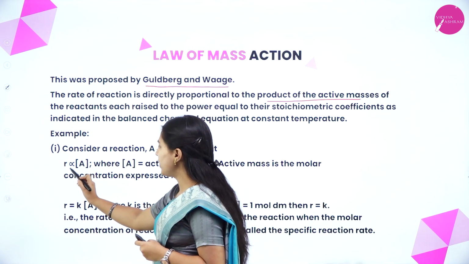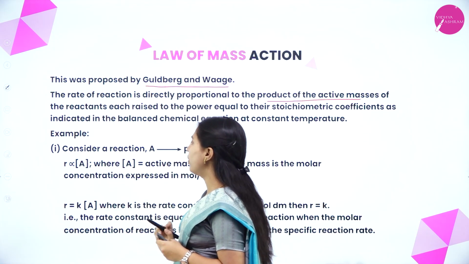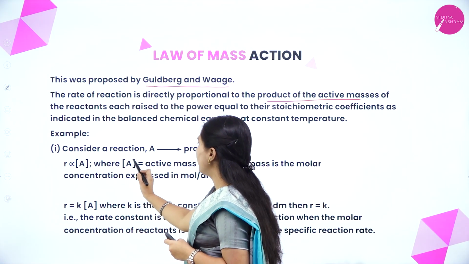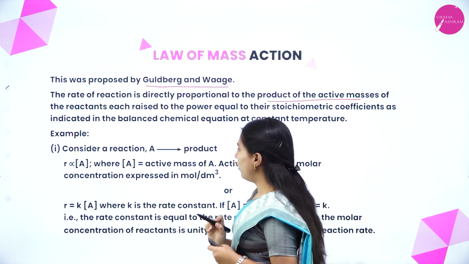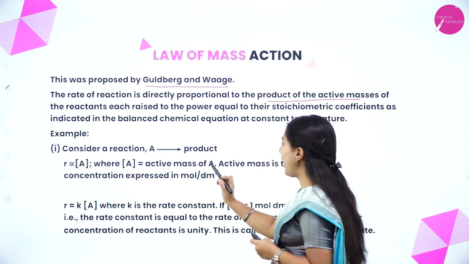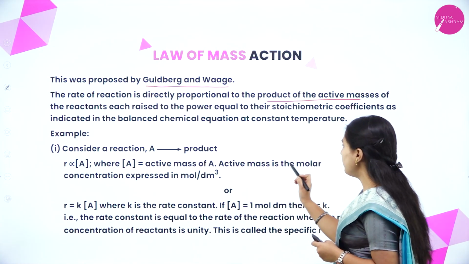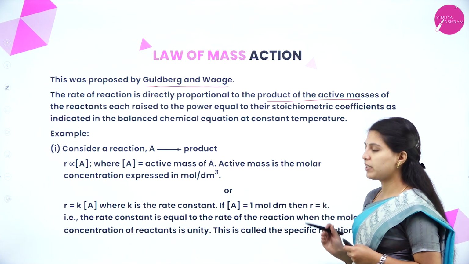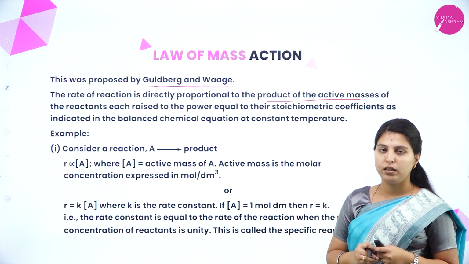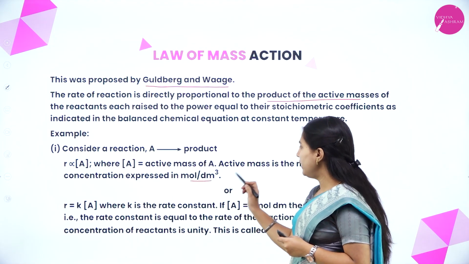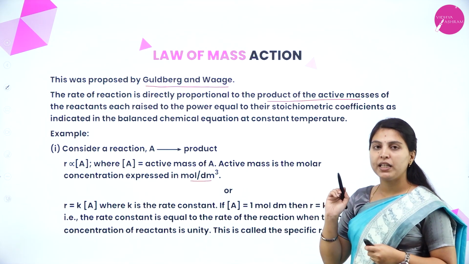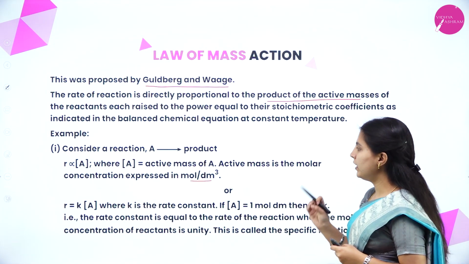The rate of reaction is directly proportional to the concentration of reactant, where the concentration of A is equal to the active mass of A. Active mass is the molar concentration expressed in mole per dm cube. This active mass is the molar concentration of the reactant.